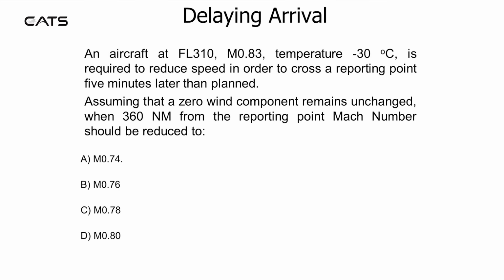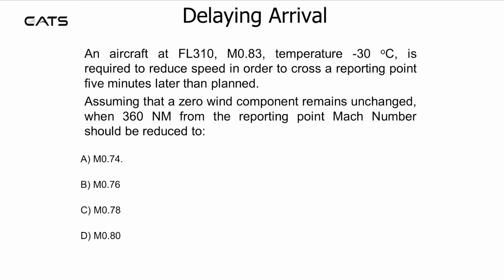Multiply this by 38.94 to get a local speed of sound of approximately 607 knots. If this is multiplied by the Mach number of 0.83, the TAS is 504 knots. Since there's a zero wind component, the ground speed will also be 504 knots.